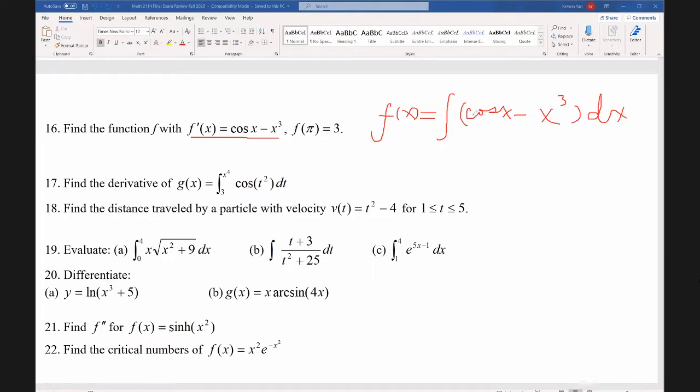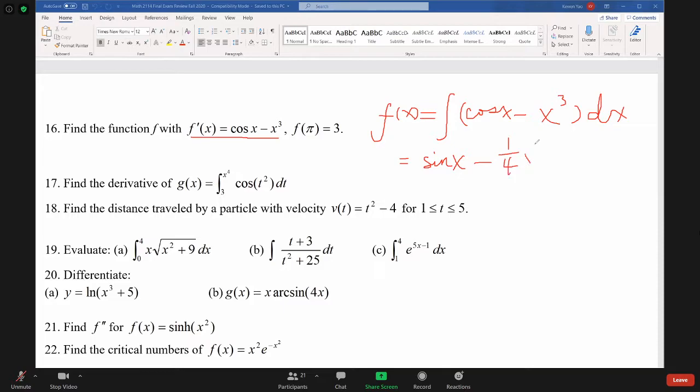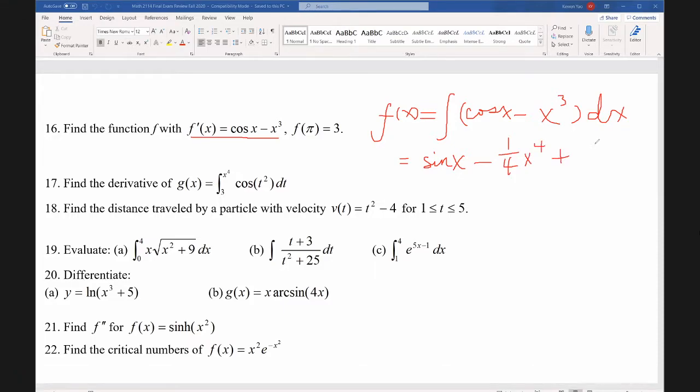Now everybody knows how to find antiderivative step by step, term by term. So the antiderivative for cosine x is sin x, minus the antiderivative for x cubed, which is 1/4 x to the 4th, and plus c.